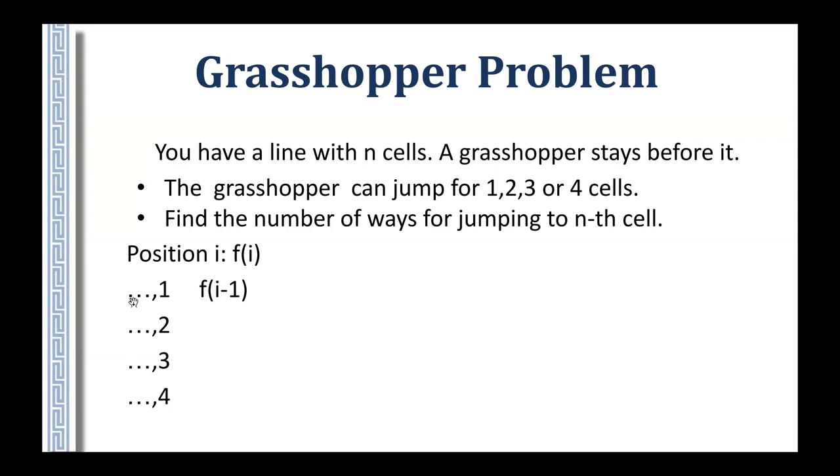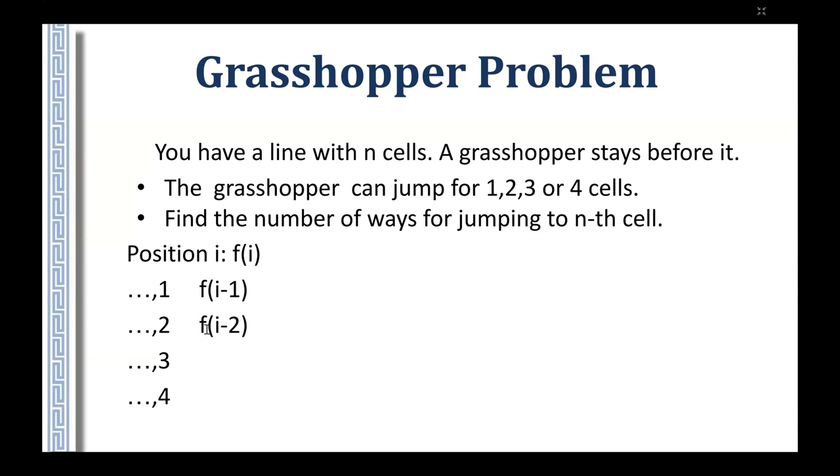So if we take any way to come to position i-1 and add 1 to this way, then we obtain a way to come to position i that ends with 1. And if we take any way to come to position i that ends with 1, then we just remove it and come to position i-1. So the number of these ways is exactly the number of ways of coming to position i-1, that is already stored in Fi-1.